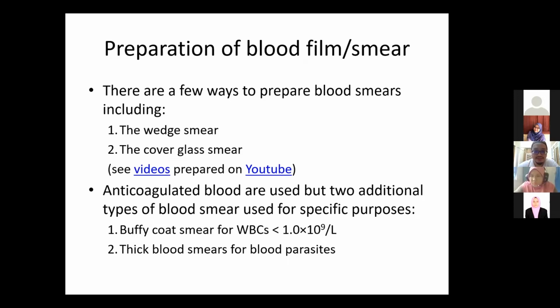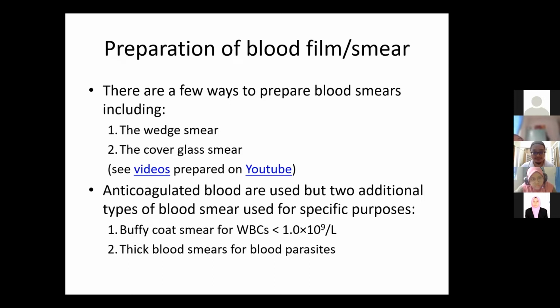Even for the wedge smear, this is where we have one slide as a spreader and another slide as the blood slide, where we put the sample on. So we have two glass slides. That is basically what the wedge smear is. And for the wedge smear itself, there are many methods.